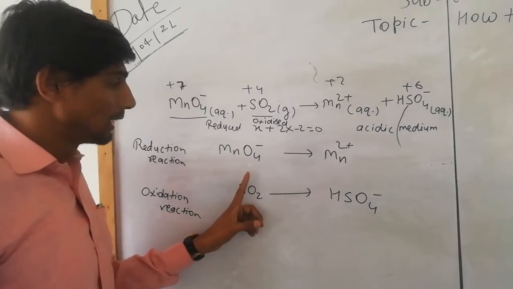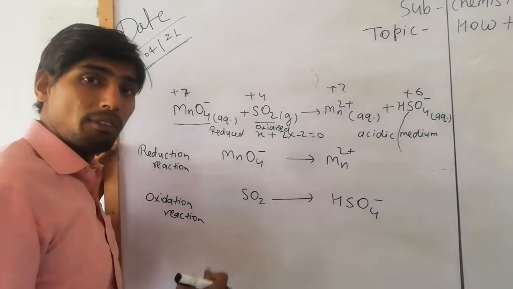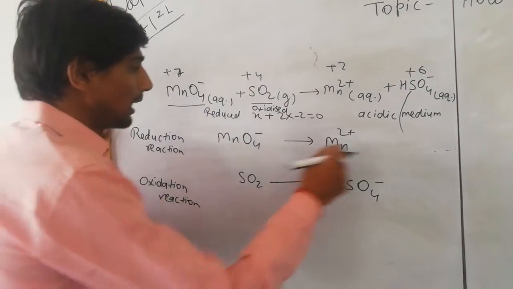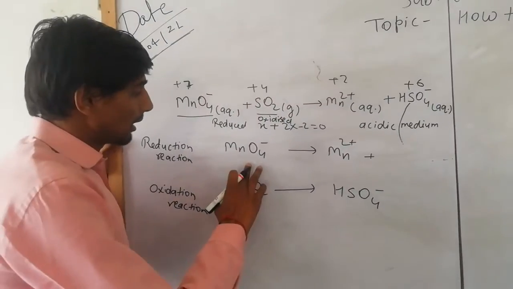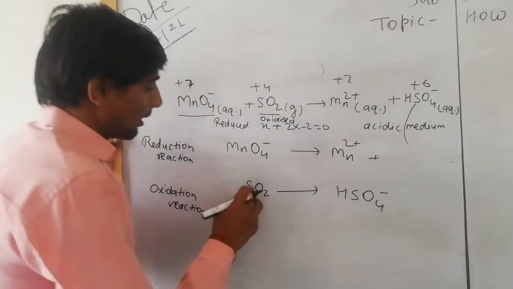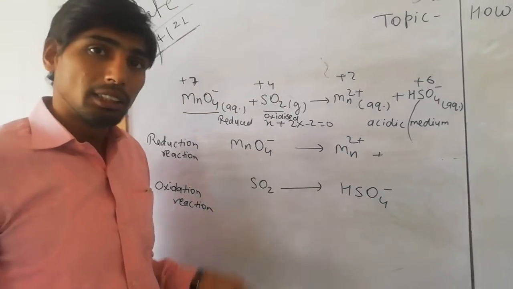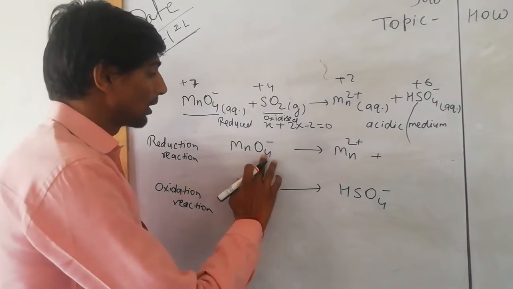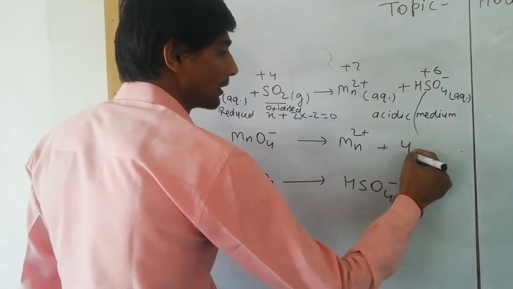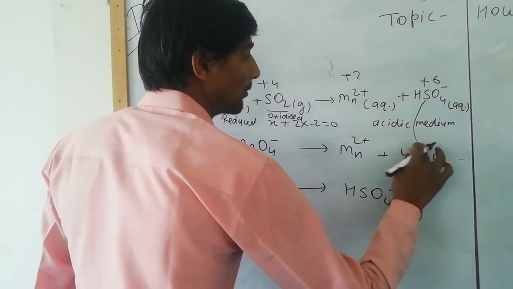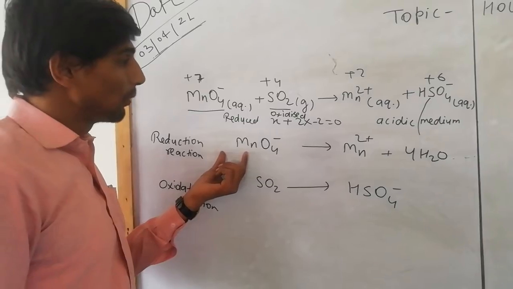For balancing oxygen, we add water molecules on the side where the number of oxygen is less. Here 4 oxygen is less, so we add 4 water molecules. Further, here there is no H plus.